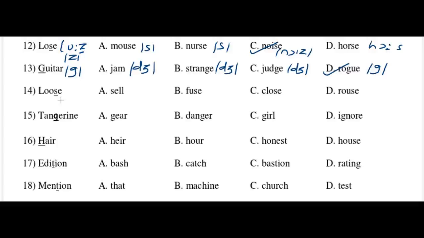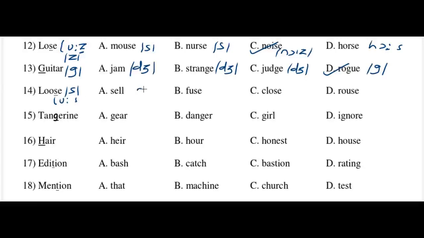Then 14, we have loose. So here the S is s. But in lose, the S is z. Here it is loose. So we are looking for s.